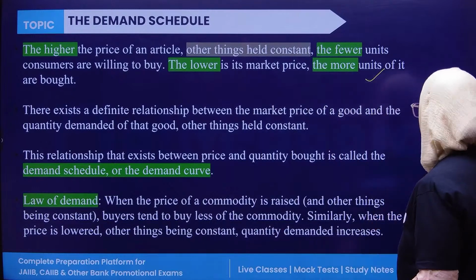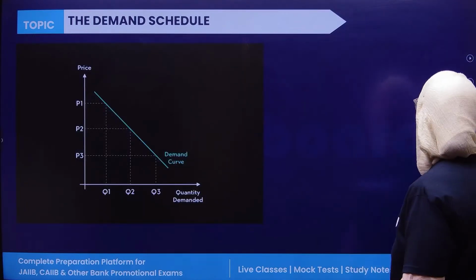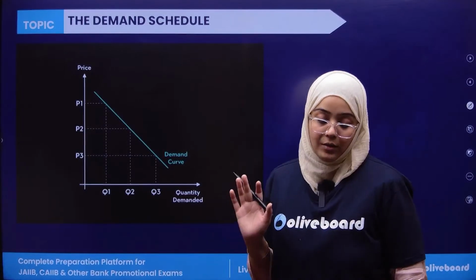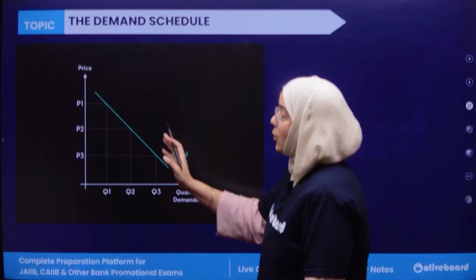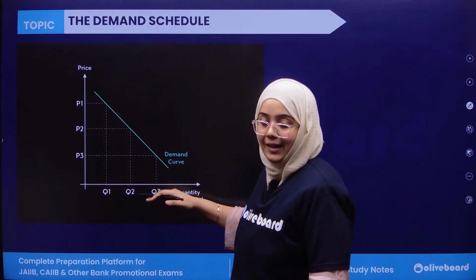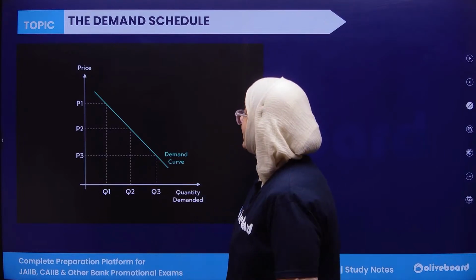Now there is an inverse relationship in the law of demand. I have already told you that the demand curve is always downward sloping. How is it downward sloping? See here. This is the price, and this is the quantity demanded.